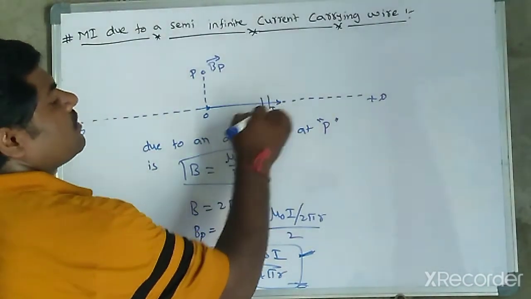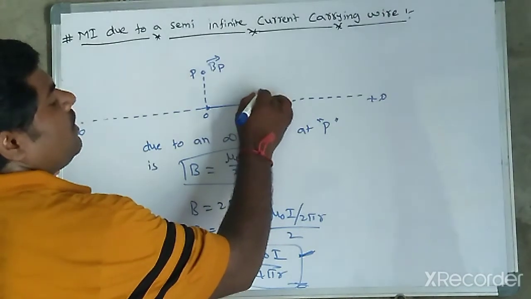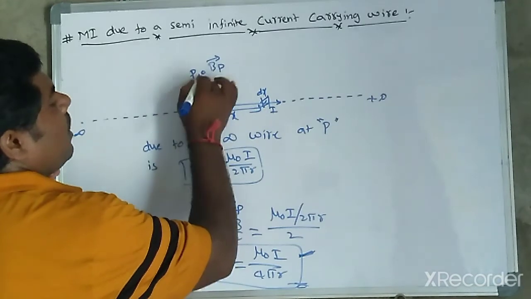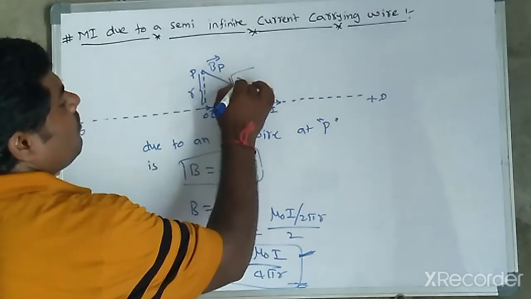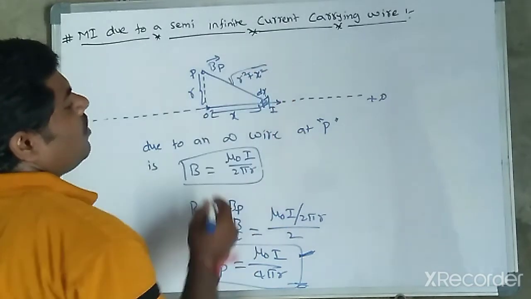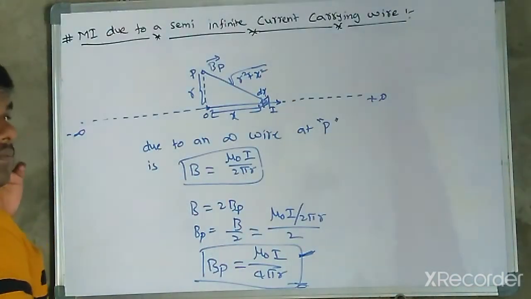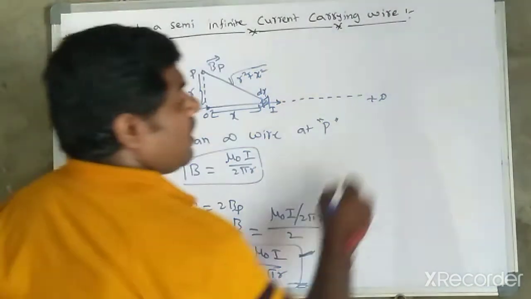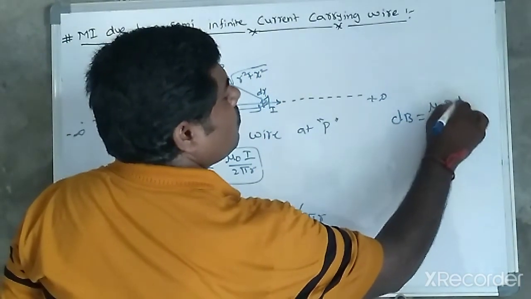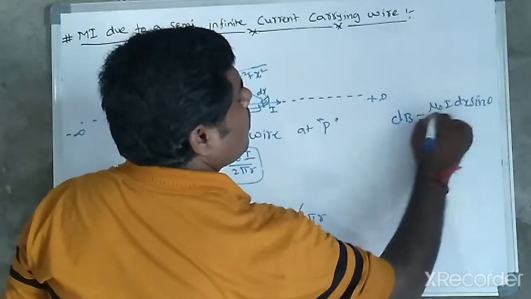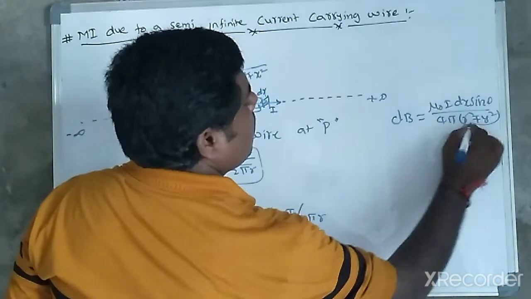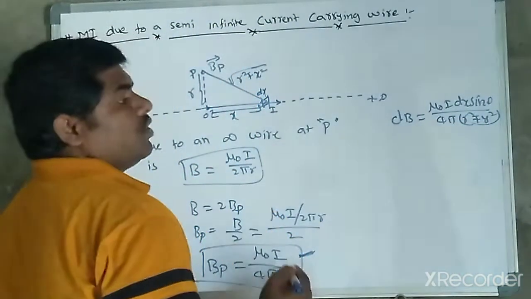So let us consider a small element dx. From here to here is the distance x, and here is the current I. Now here the distance is the under root of r square plus x square. So according to the Biot-Savart law, dB is equal to mu naught I dx sin theta divided by 4 pi times r square plus x square.